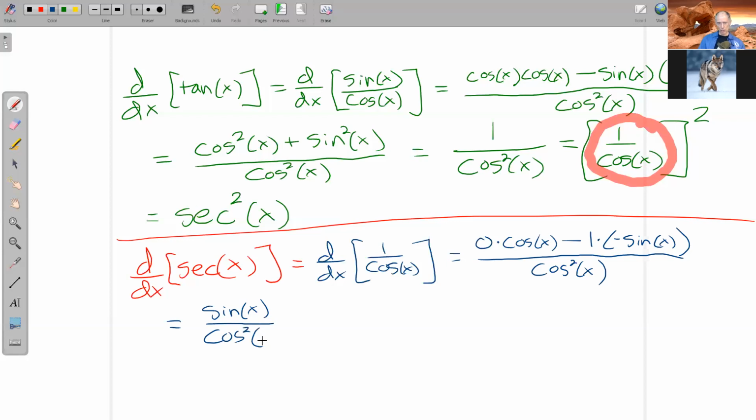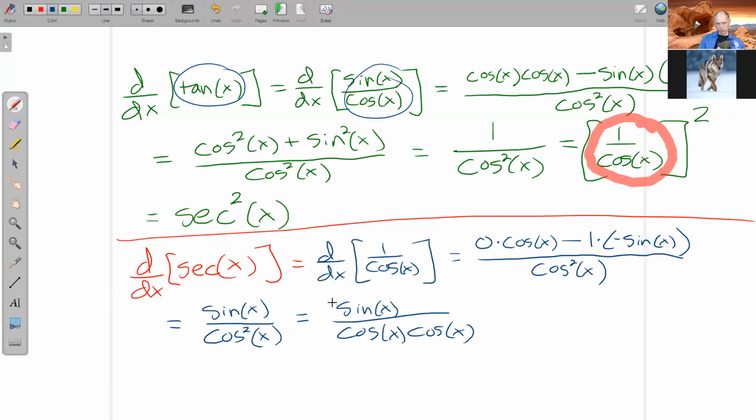And it turns out we can use way less ink to write this down. So let's see, what are we going to do? Well, I see a sine over cosine, and when I see sine over cosine, I think tangent. So I'm going to write this as sine of x over cosine of x times 1 over cosine of x.